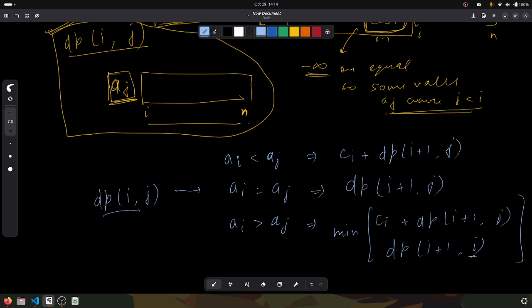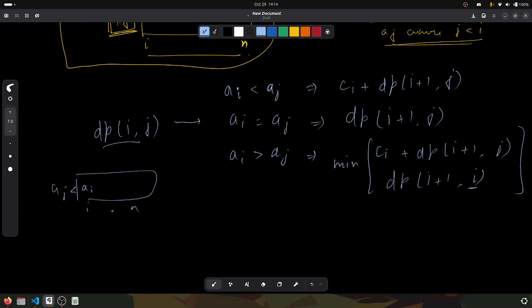Why i? Because we initially had this problem i till n and ai was greater than aj, so the answer for this case is i plus 1 till n with the last element being ai. Or either we could have performed the operation and made it aj, then that case would be this.